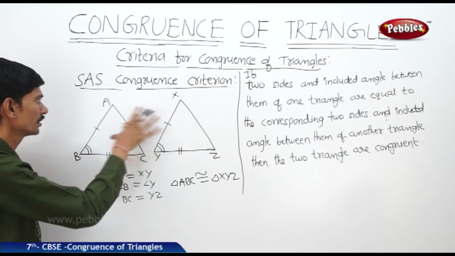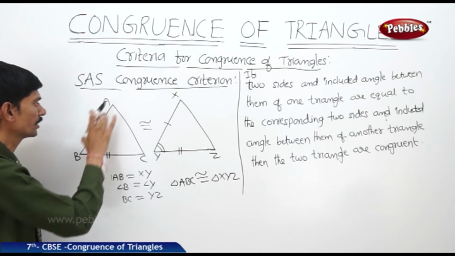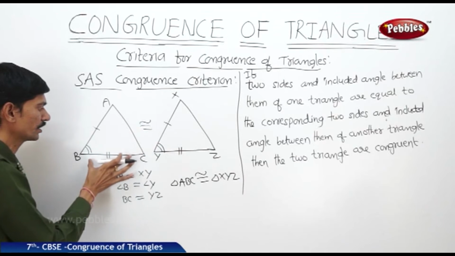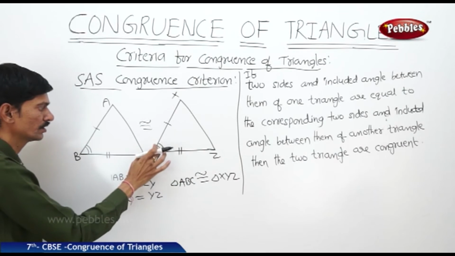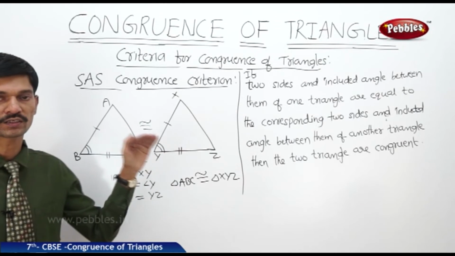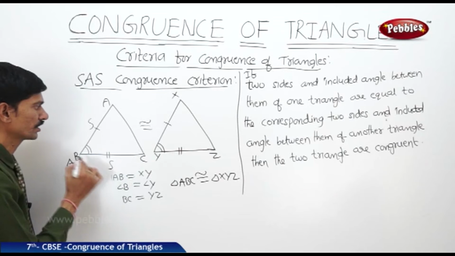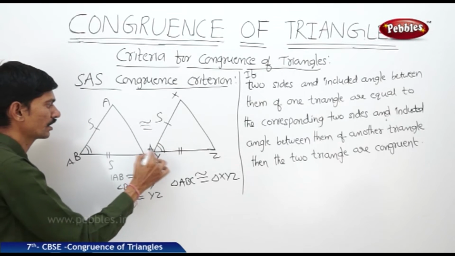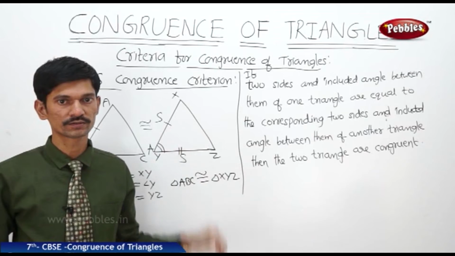Now here in the two triangles, the length of the side AB equals the length of the side XY, BC equals YZ, and the included angle B equals included angle Y. So we can say that the two triangles are congruent. So by the SAS criterion, the side angle side criterion, the two triangles are congruent.